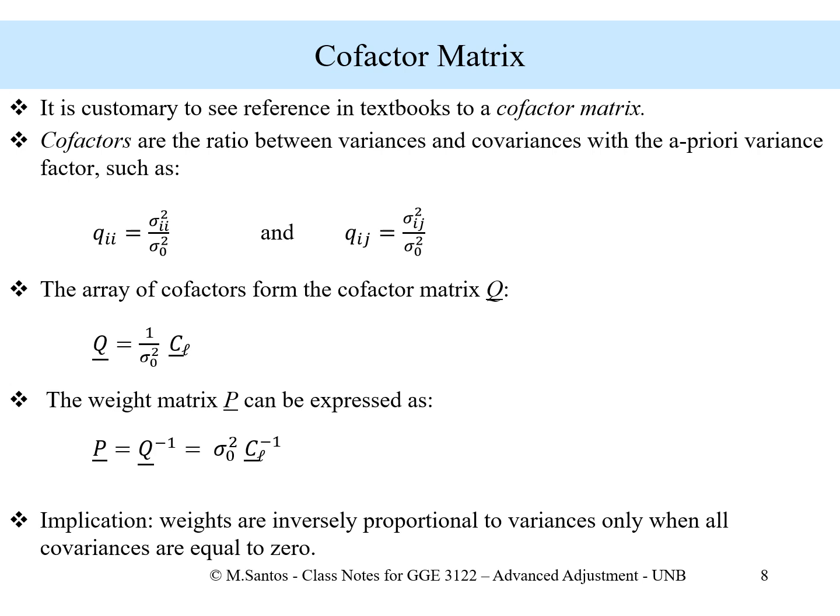In other words, it is going to be equal to the inverse of the covariance matrix of the observations, C sub L, multiplied or scaled by the a priori variance factor. We can then say that weights are inversely proportional to variances only when all covariances are equal to 0.